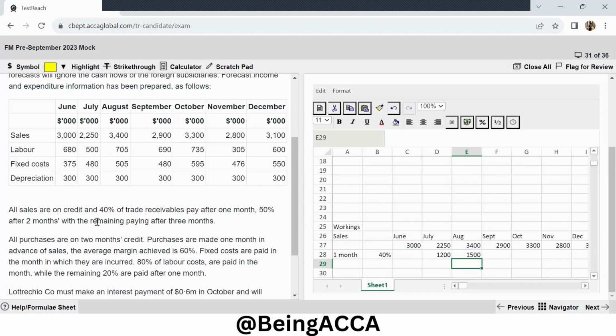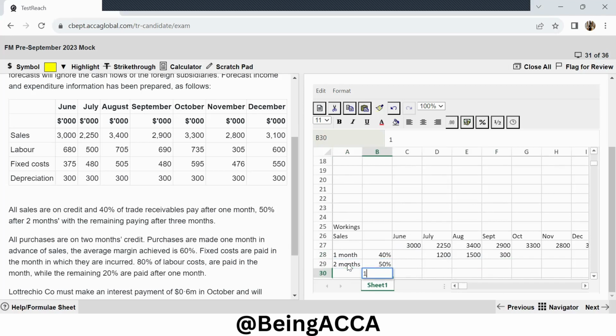And then remaining, how much is the remaining? Remaining is nothing but 10%. So 10% will be paying me in the month of September. So this comes out to be this multiplied by 10%, and this comes out to be 300. So this is what I'm going to be receiving. Another thing that we can do to make our presentation better is that let's write 2 months over here, and this is 50%.